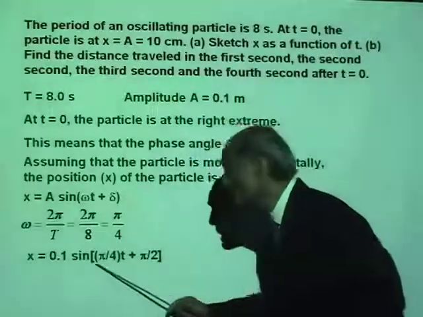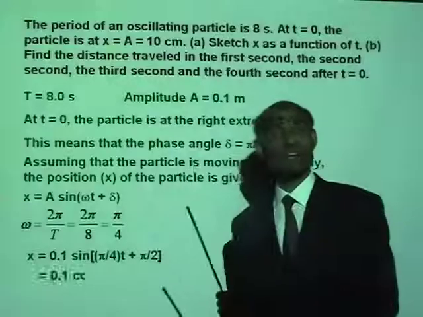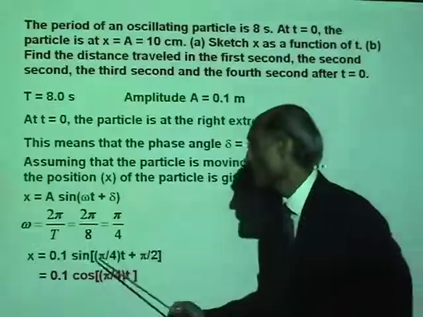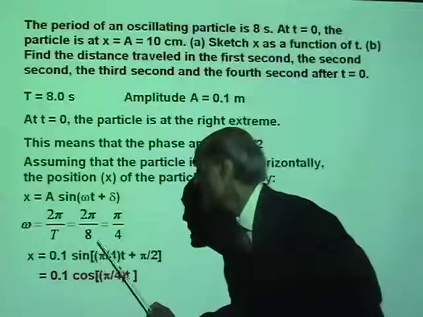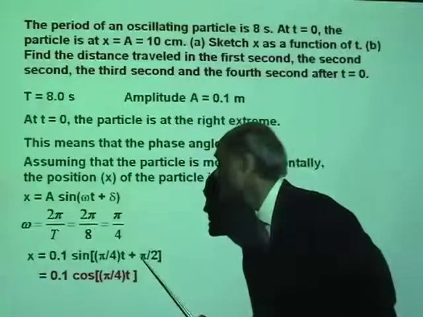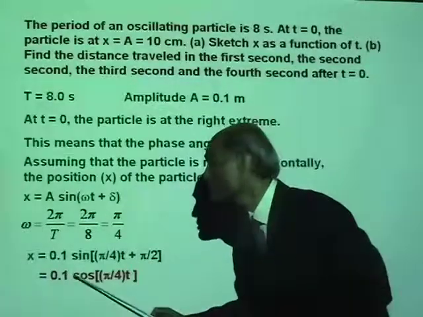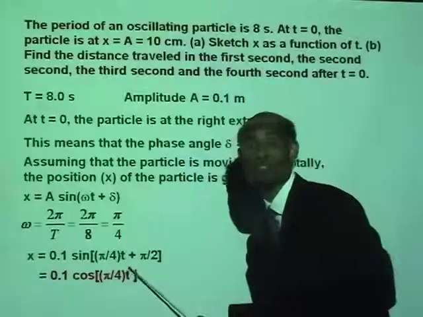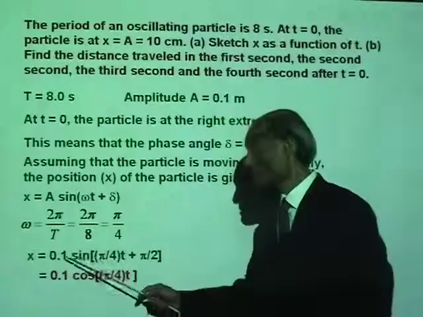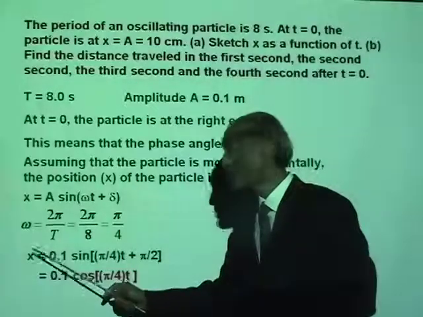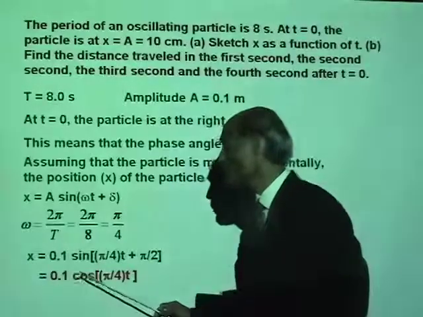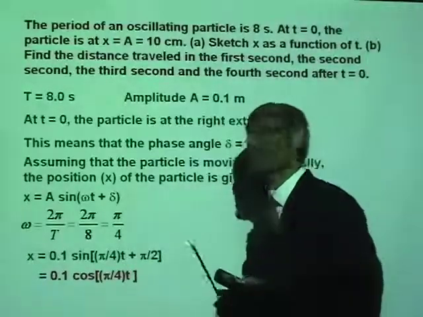You can now draw a graph of this on your calculator. Now, you know that sine of omega t plus pi by 2 is the same as cos of omega t. I showed you that in the last class. So your position function now is x equals 0.1 cos of pi by 4 t.